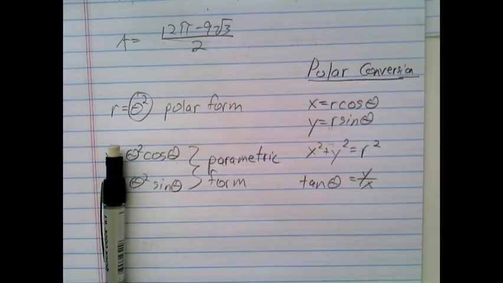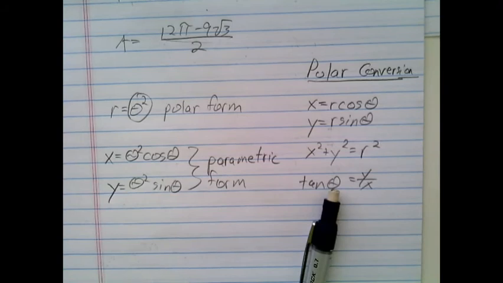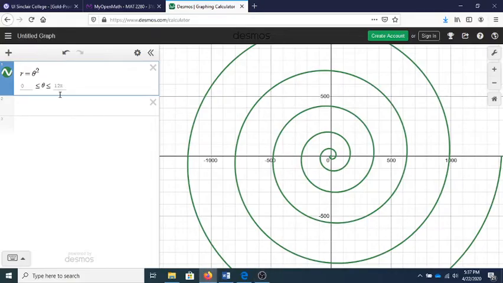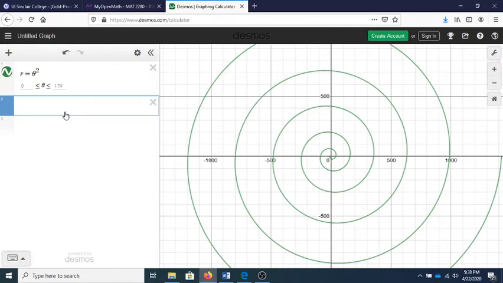Let's enter that into Desmos just to see that it gives us the same curve. Remember, for parametric we have to enter it like it's a point, and we have to use t instead of theta. So t squared cosine t, comma, t squared sine t.